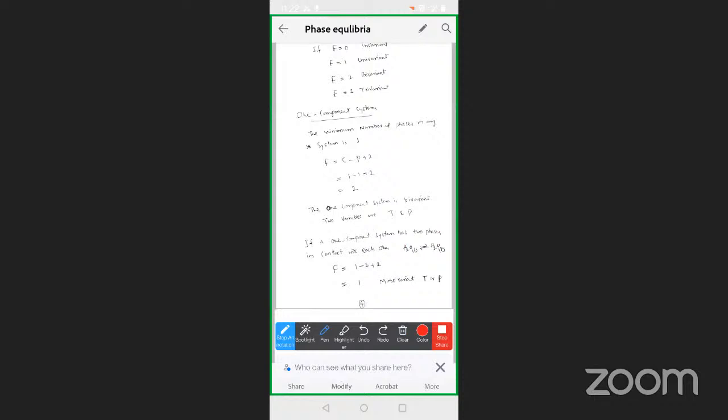So again, from the equation F equal to C minus P plus 2, C equal to 1, phases are 2, plus 2. So the degrees of freedom is 1. Hence, it is a monovariant. It depends on temperature or pressure.